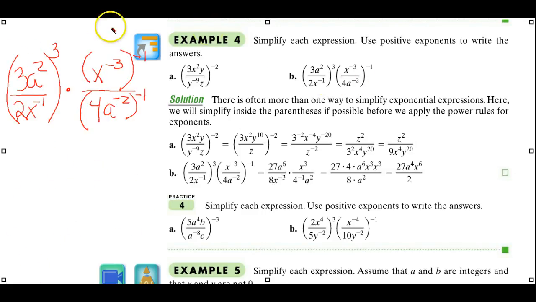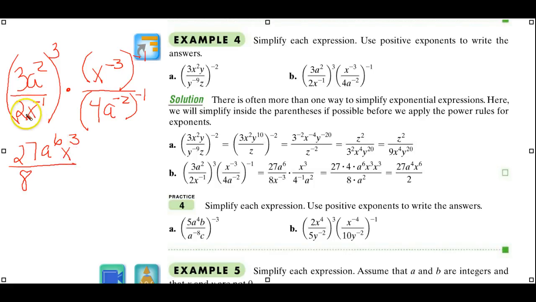So I copied b over here, but notice I fiddled with this a little bit, writing my -1 by each. And again, that's okay to do. So as we expand this, we get 3 to the third is 27. And this will be a to the second times 3, a to the sixth. And then 2 to the third is 8. Now, this is going to be x to the -3, but I'm just going to move it right up there as x to the third.